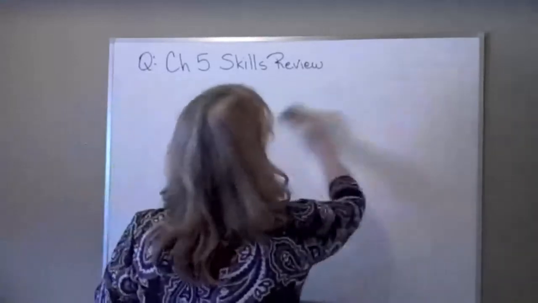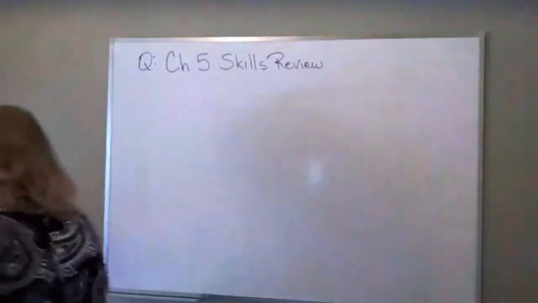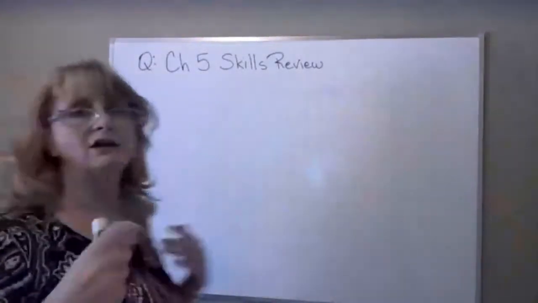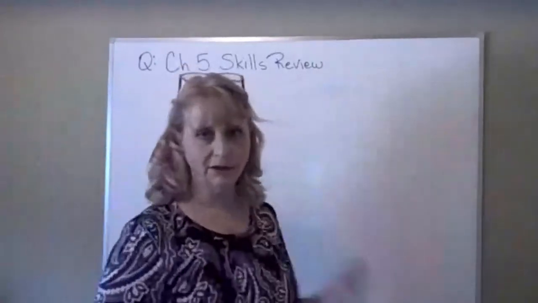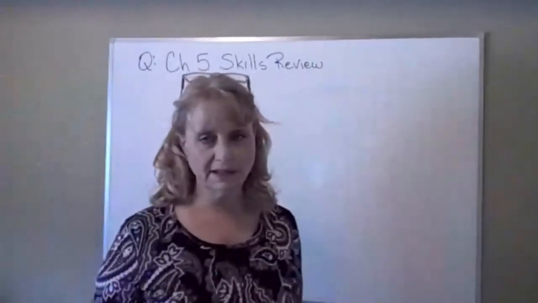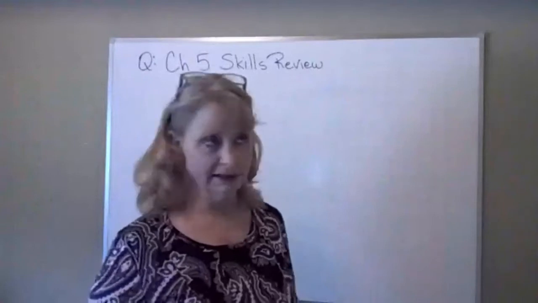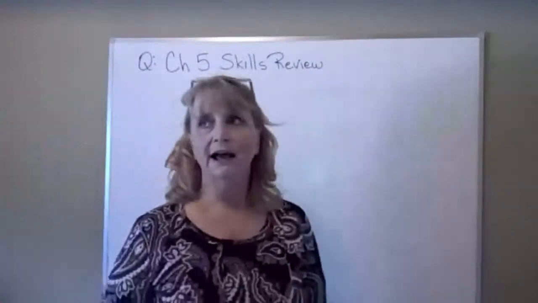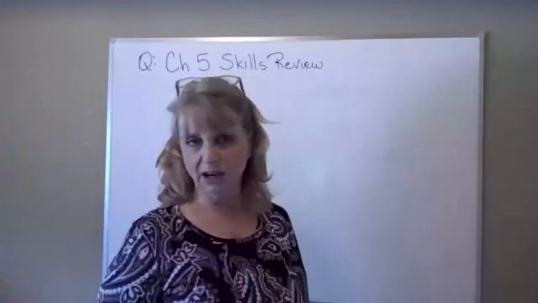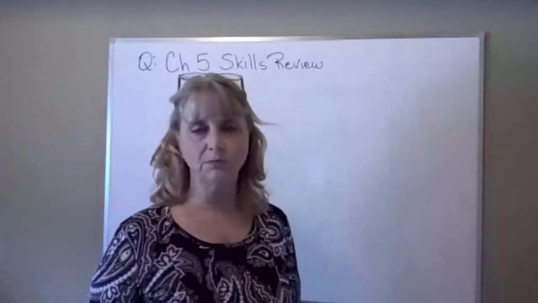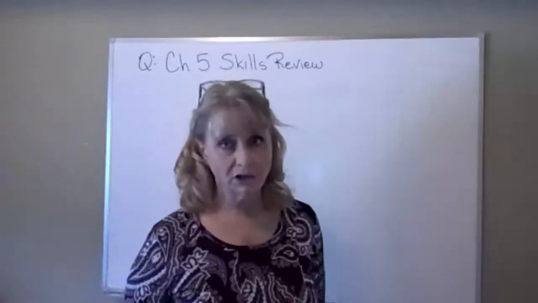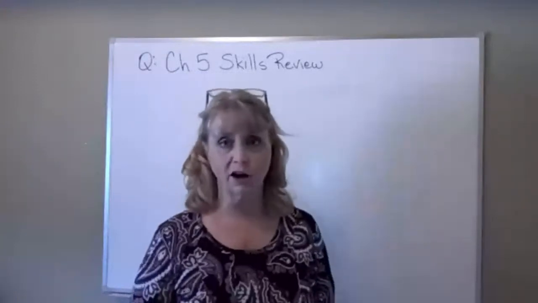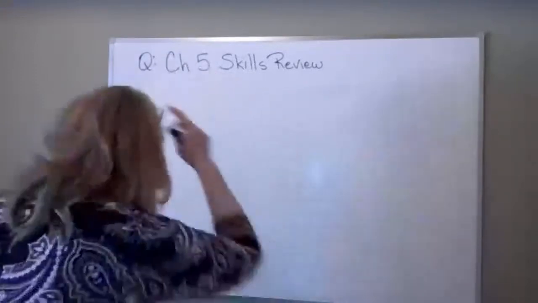There's no calculations like this in 5.1, so you can take your time. You don't have to do all of the Chapter 5 skills review in order to be successful in the 5.1 homework. It's absolutely not necessary. You do want to try to finish it before the due date, which is a week from today, but there's no rush on the skills review. You just need to start it so it will let you go into Chapter 5.